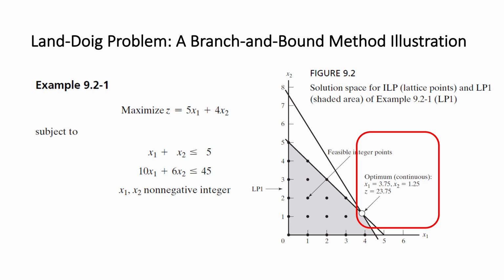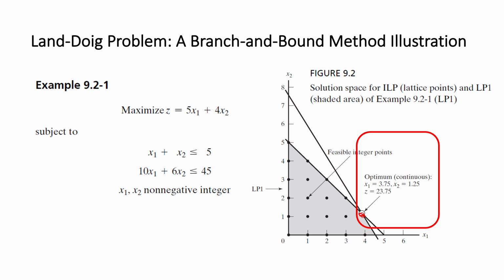So again, if we solve the LP, we know that the solution is this point here, which is the intersection of the two constraints, giving us x sub 1 equals 3.75, x sub 2 equals 1.25, with objective function value equal to 23.75.